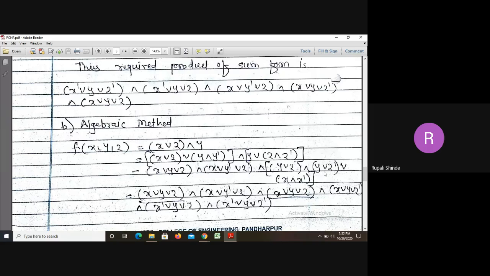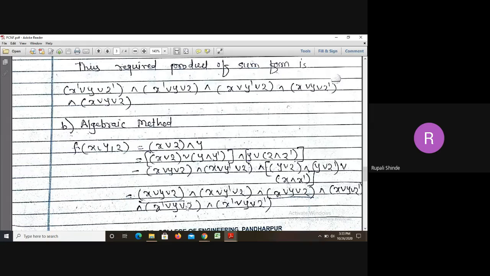Now check the remaining bracket: X or Y or Z complement is one bracket, and X complement or Y or Z complement is another. So these two terms get split into four terms after applying the distributive law.